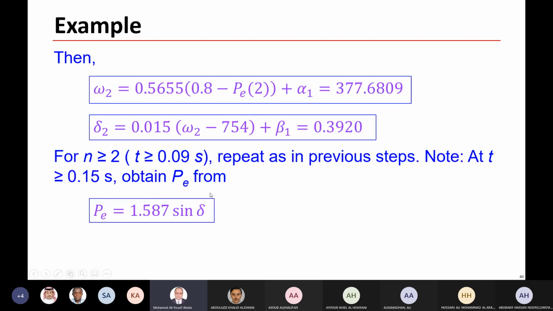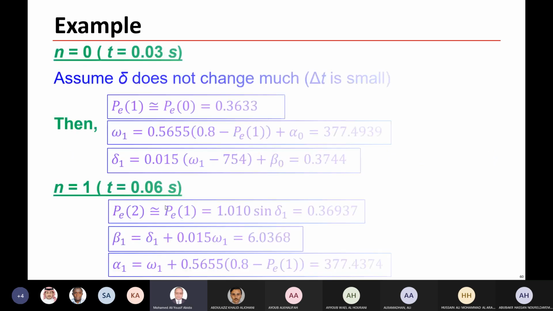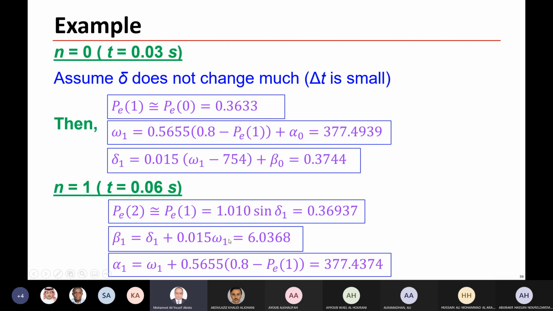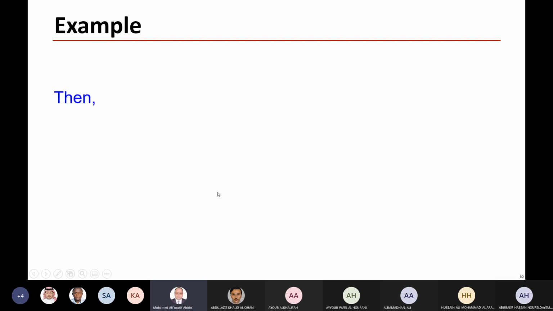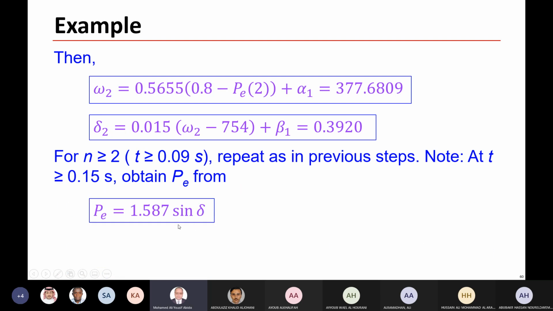So you will get BE from this power angle equation. Previously, we got it from the during fault equation. Now we move to the swing equation in post-fault conditions. So this is the way.